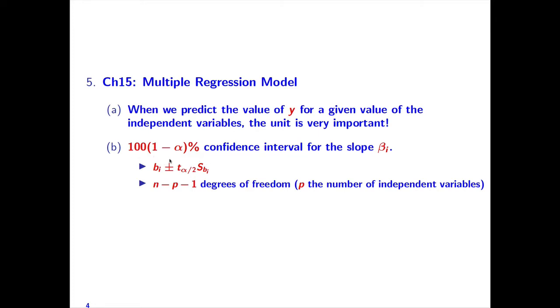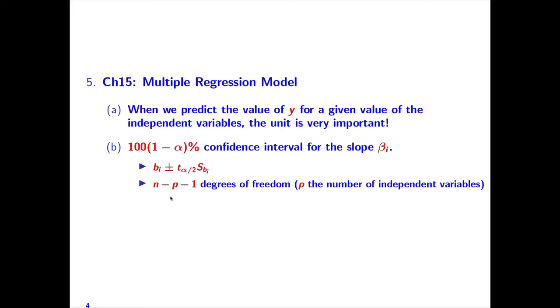The 100(1 minus alpha)% confidence interval for the slope beta i is given by b i plus or minus the critical value t of alpha over 2 times the standard deviation of the slope, so this is S b i, where p is the number of independent variables.